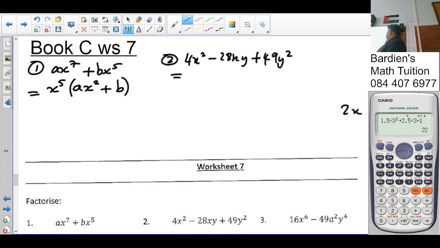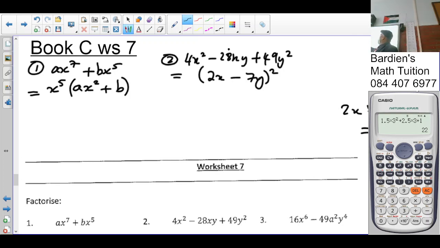What's the square root of 49y squared? 7y. Times 2 is going to give you 28xy. So is this a perfect square trinomial? Yes. Can you see that? This can be written as what? 2x minus 7y.